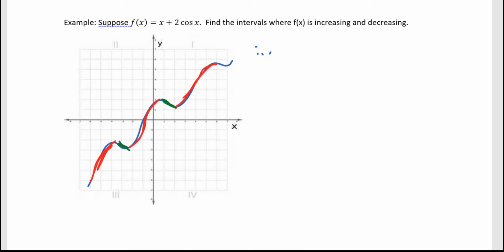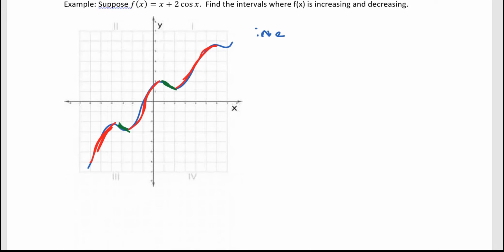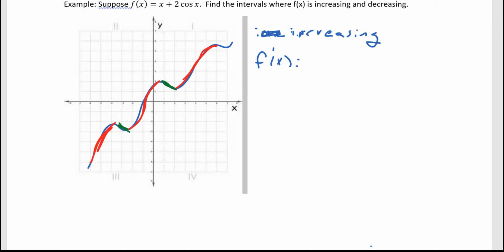So let's look for increasing. So the derivative, f prime of x, is 1 minus 2 sine of x.